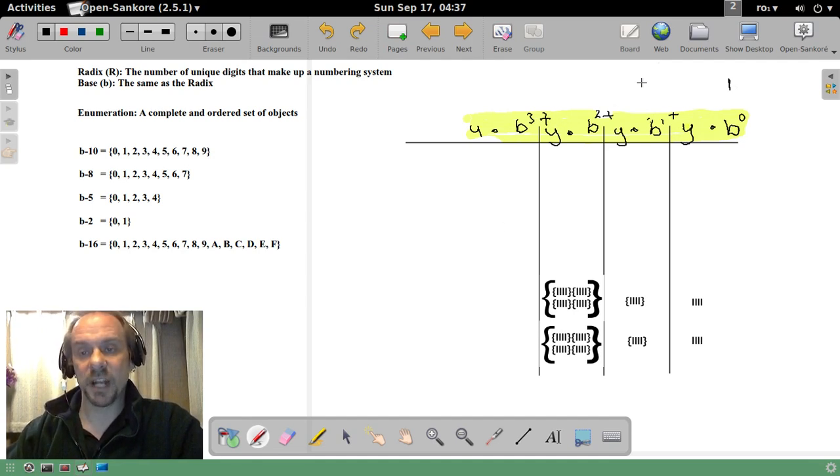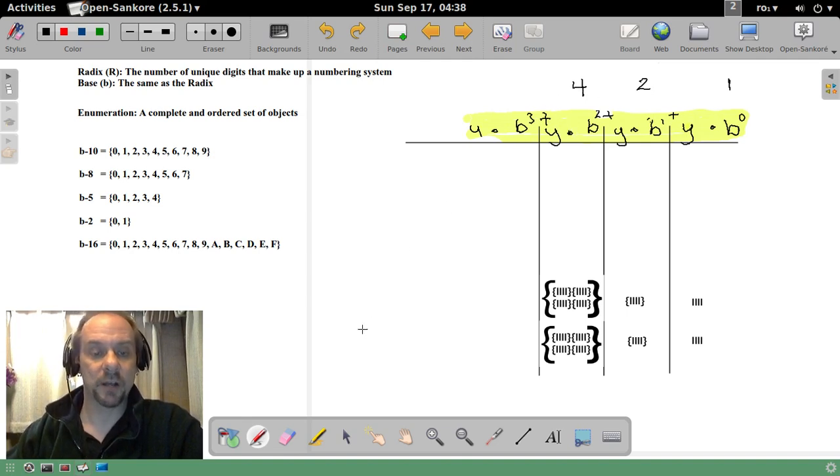Here we have 2 to the first, which is 2. If we have a digit here, 1 times 2 is 2, so it just turns it on. If we don't have a digit here, 0 times 2 is 0. Here, 2 to the second is 4. So if we have a 1 in this column, then it's 1 times 4, which is 4. If we don't, then it's 0 times 4, which is 0.